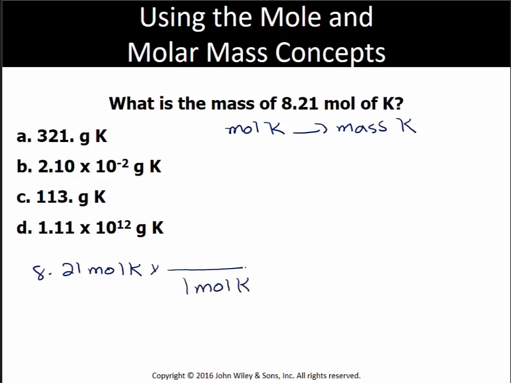So each mole of potassium is 39.10 grams of potassium. Now moles of potassium cancel out. And the answer should be 321 grams of potassium.